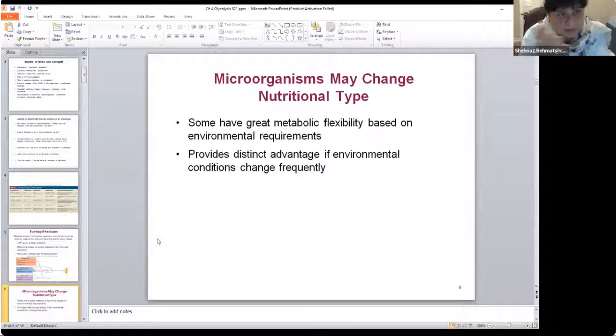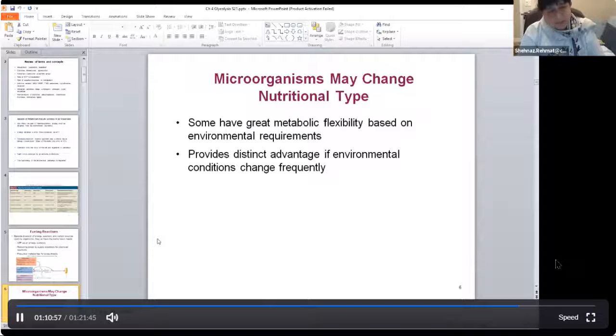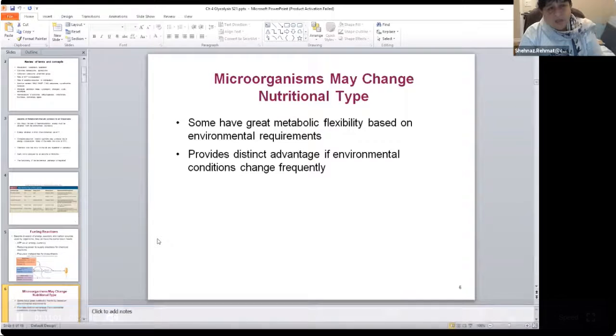Now, in microorganisms, when we talk about bacteria, some have great metabolic flexibility based on what the environment is. So sometimes you will see that they will move from one nutritional type to another nutritional type if they are not provided with a correct one.